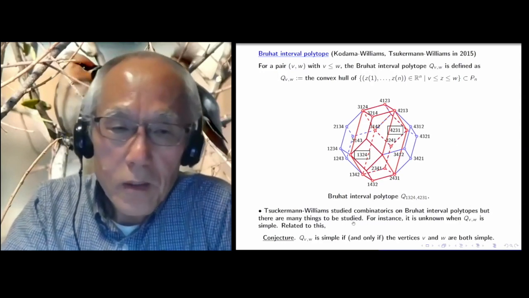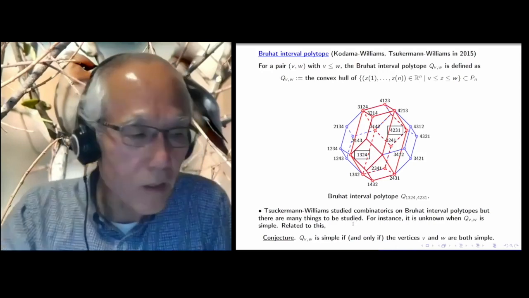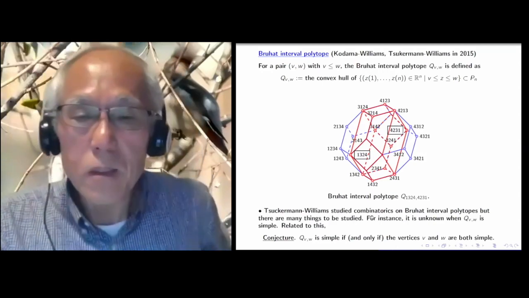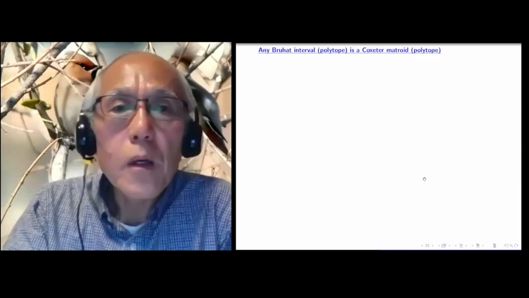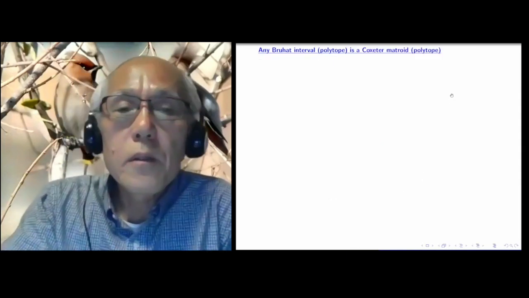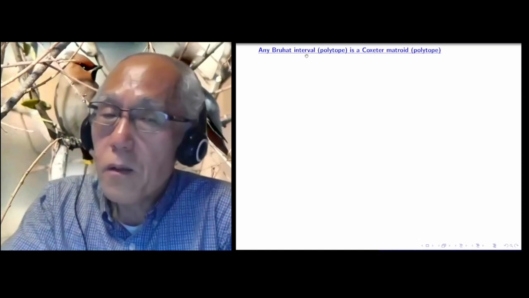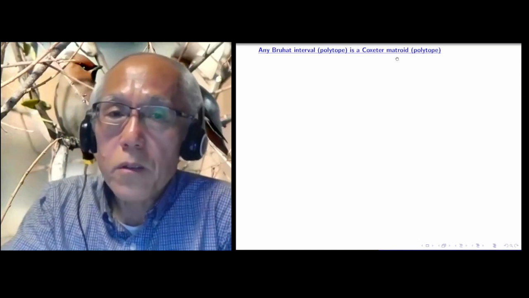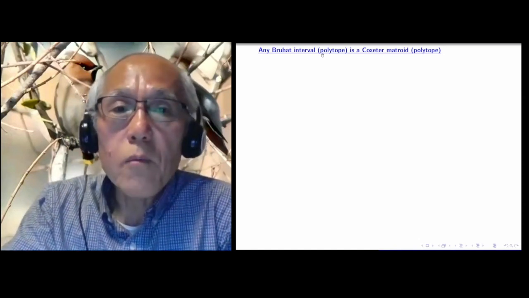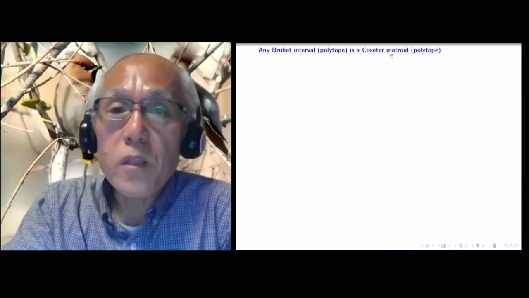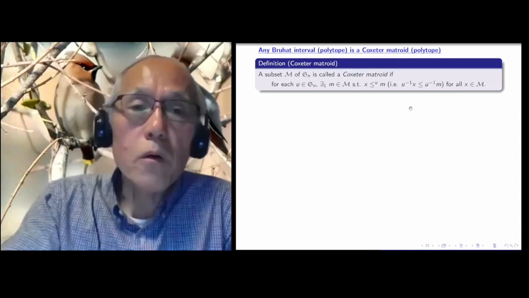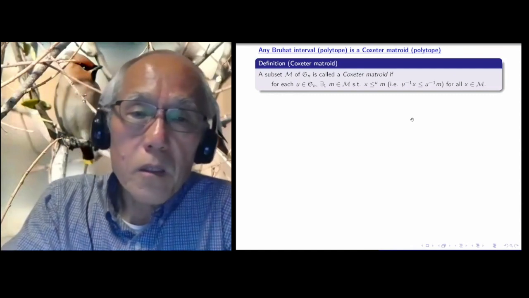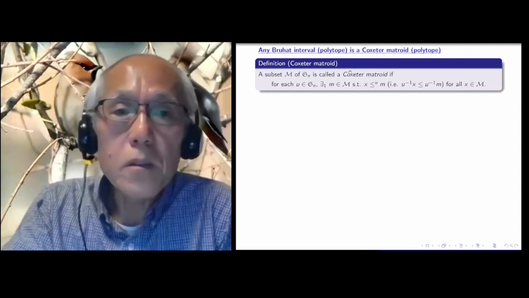Okay, so anyway, what I want to say is that there are many things to be studied about Bruhat interval polytopes. The Bruhat interval is a Coxeter matroid, and the Bruhat interval polytope is a Coxeter matroid polytope. So I remind you of the definition of a Coxeter matroid.